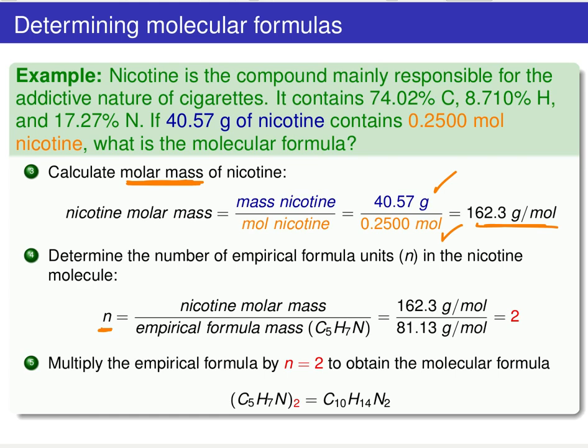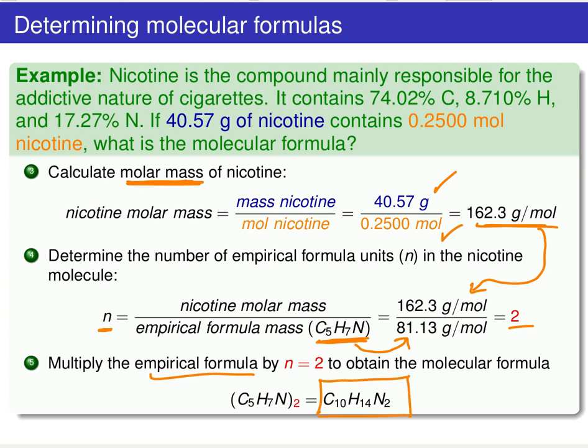So to do that, we divide the molar mass of nicotine that we just determined by the mass of the empirical unit, so 5 carbons, 7 hydrogens, 1 nitrogen. Add that mass together, and you get something on the order of 81.13 grams. Divide, and you get a value of 2, which means we need to multiply that empirical formula by 2 in order to arrive at the molecular formula.